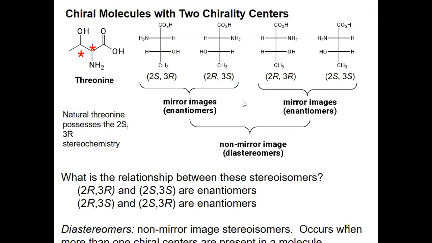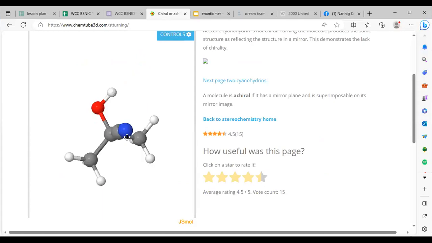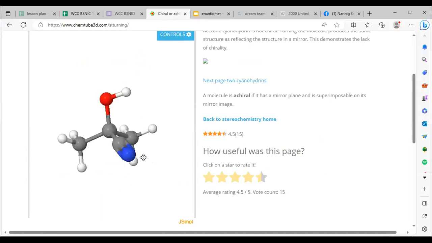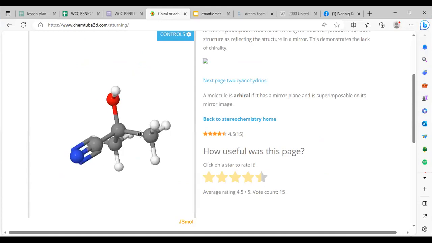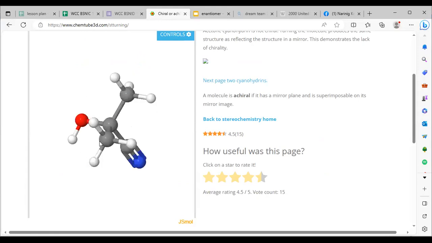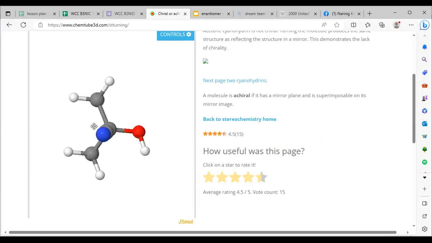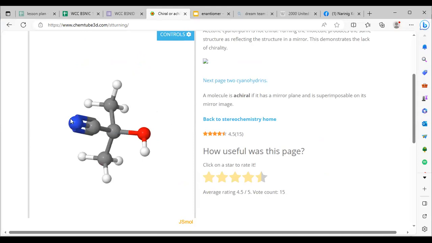Okay, so let's look at an example. Let's say we have this molecule. Obviously this is not chiral, but in order to represent, I'm gonna twist this around. Okay, so you see these two groups.